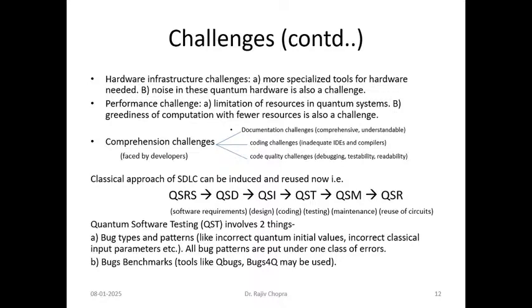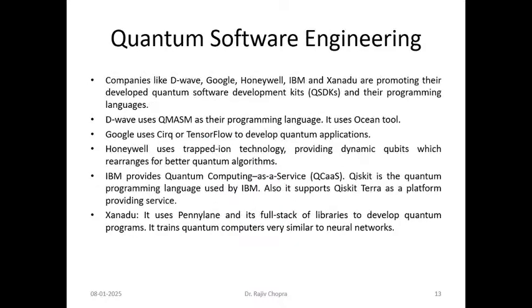So let us see the companies like D-Wave, Google, Honeywell, IBM. They are promoting their developed quantum software kits and their programming languages also. D-Wave uses QMASM as a programming language and it uses the Ocean tool. Google uses Cirq and TensorFlow to develop quantum applications. Honeywell uses trapped-ion technology providing dynamic qubits which rearrange for better quantum algorithms.